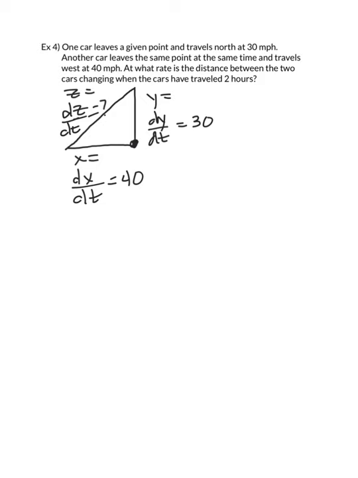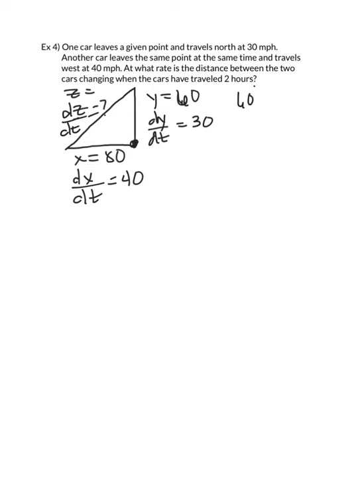They didn't tell us anything specifically about x and y, but they did tell us how to figure it out, because we know that these cars have traveled for 2 hours. So the car that was going 30 miles per hour, if they traveled for 2 hours, they went 60 miles. The car that was traveling 40 miles per hour after 2 hours went 80 miles.